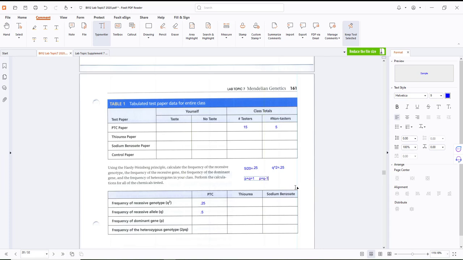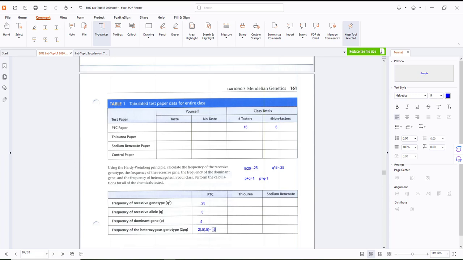What that means is that p must equal 0.5. And then 2 times 0.5 times 0.5 would equal the frequency of heterozygotes. So what is 2 times 0.5 times 0.5? That would equal 0.5.